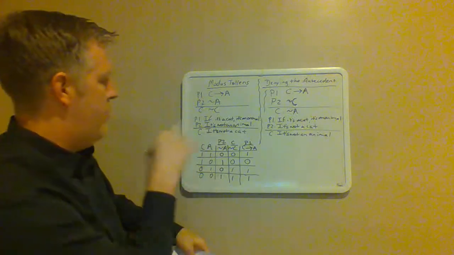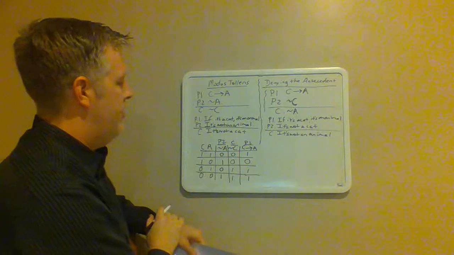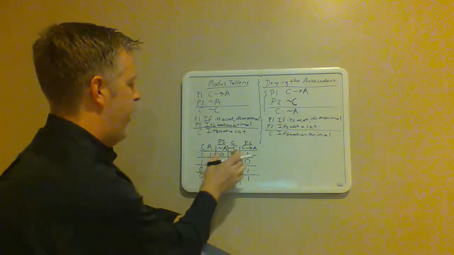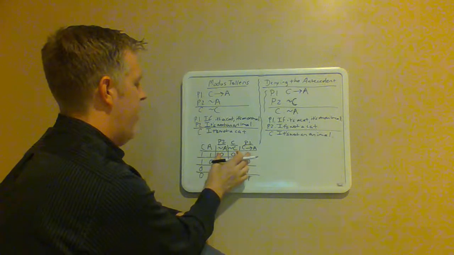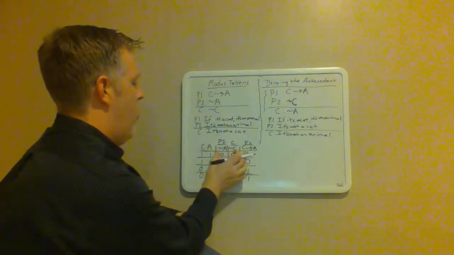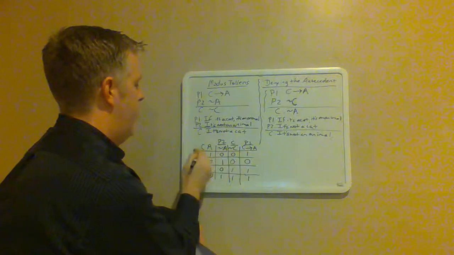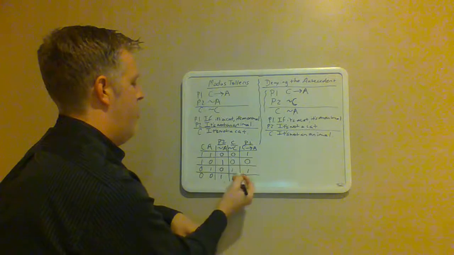Okay. So now we're in a position to step back and assess the validity of this argument. Okay, so we want to locate the premises, find out if we have any cases or scenarios, possible combinations of truth values, wherein both premises are true. The first row, they're not both true. The second row, they're not both true. The third row, they're not both true.